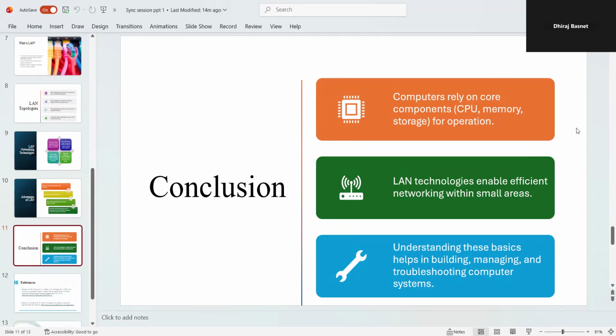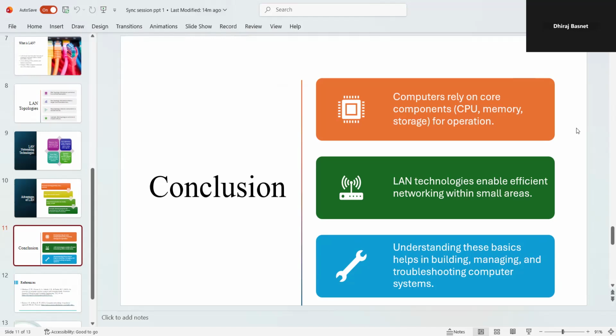So here is the conclusion, and in conclusion, I have three important points. Understanding basic computer components like the CPU, memory, storage, and input-output devices is essential for using and maintaining computers.